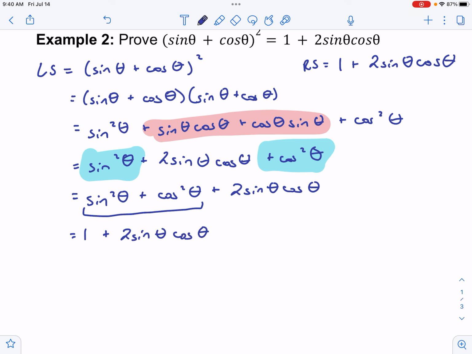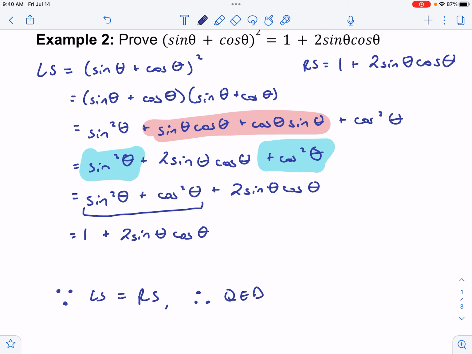And look at that. My left-hand side is equal to my right-hand side. I have been able to manipulate my left-hand side to get it there. So I'm all good. I can say, well then, since left side is equal to right side, therefore QED.